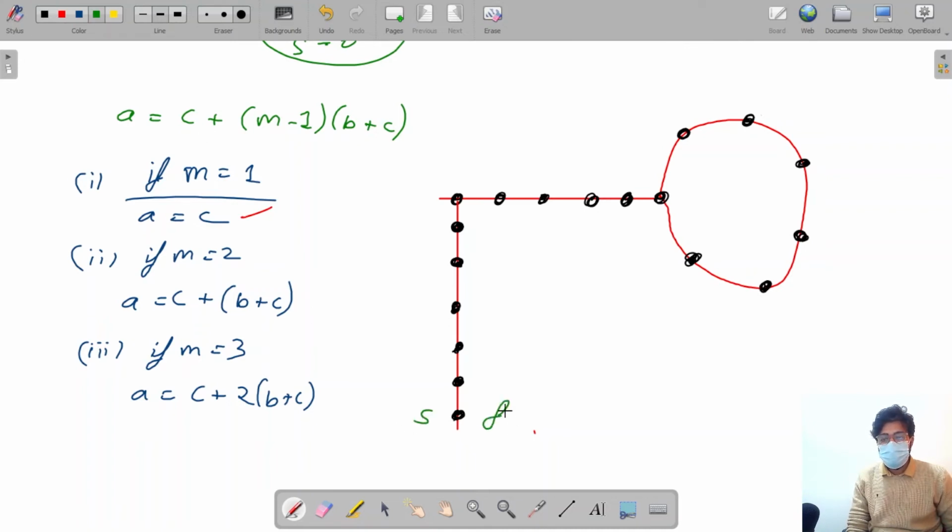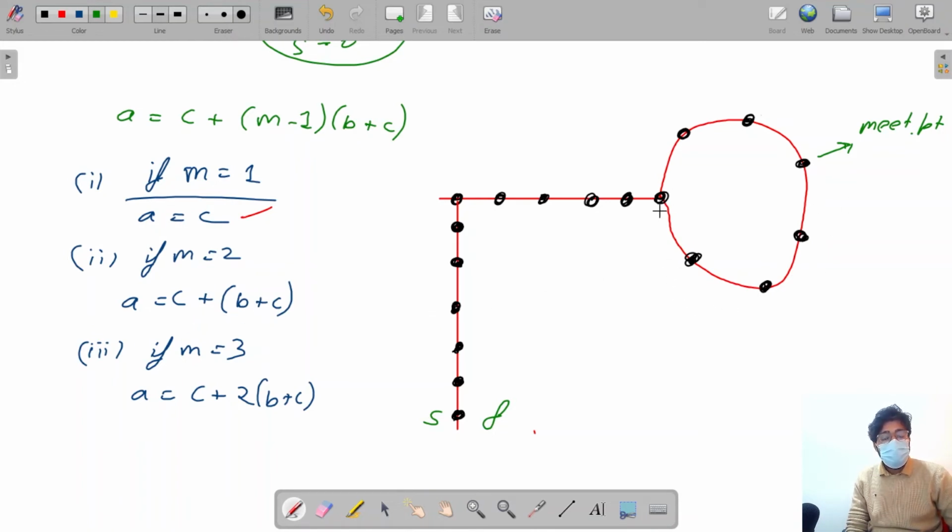Let's move them. Before that, let me tell you what its meeting point will be. This will be its meeting point. How do I know that? Just check it out. A is equal to C plus B plus C. C will be 1, 2, 3, 4.